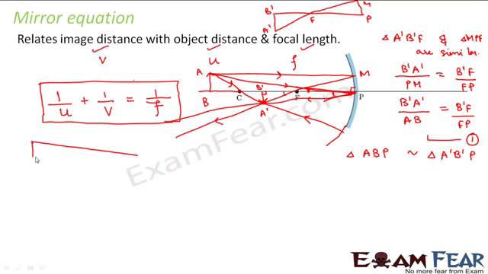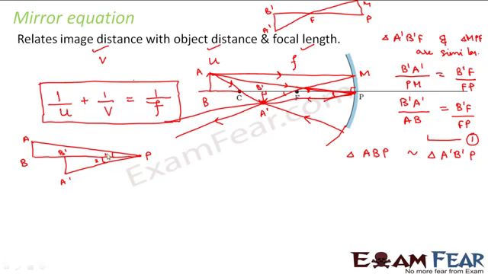Let us suppose this is triangle ABP. This is my angle 1. So this will make an angle with P. And there is another triangle like this, and this is B dash, this is A dash, and this is angle 2, right? This is how I have drawn it separately.